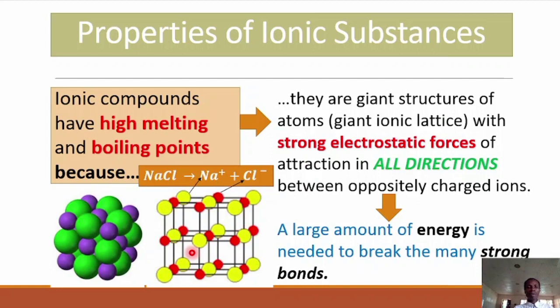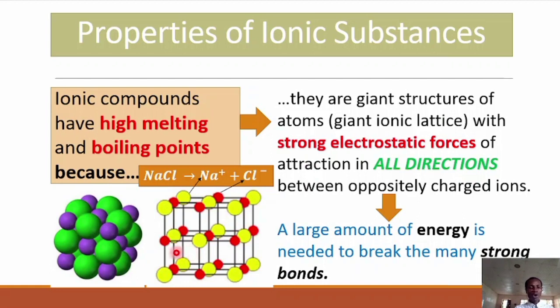I think you get my point. So why is it that ionic compounds have high melting and boiling points? Your answer should be that it requires higher energy to overcome the strong electrostatic forces of attraction, not just one force, forces of attraction between the ions of an ionic compound in all directions.